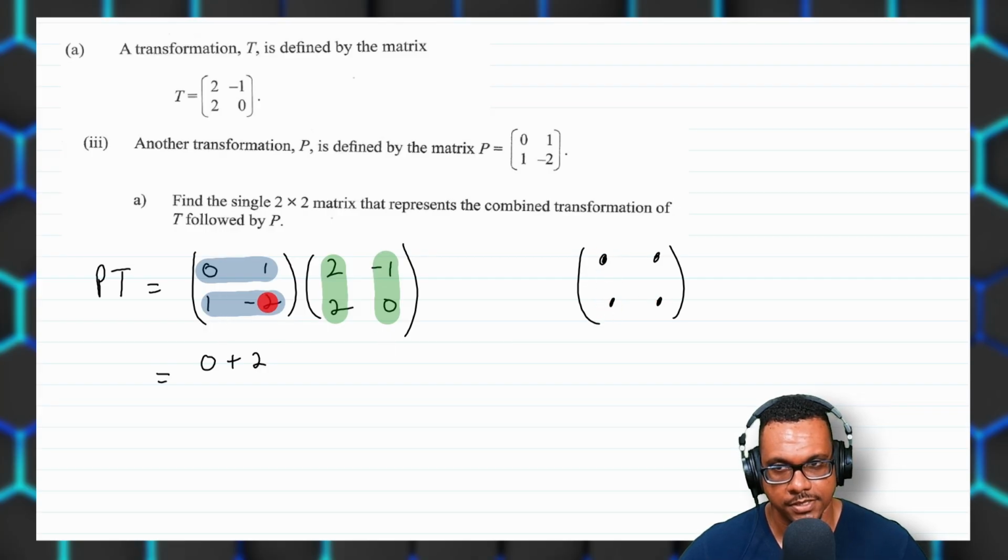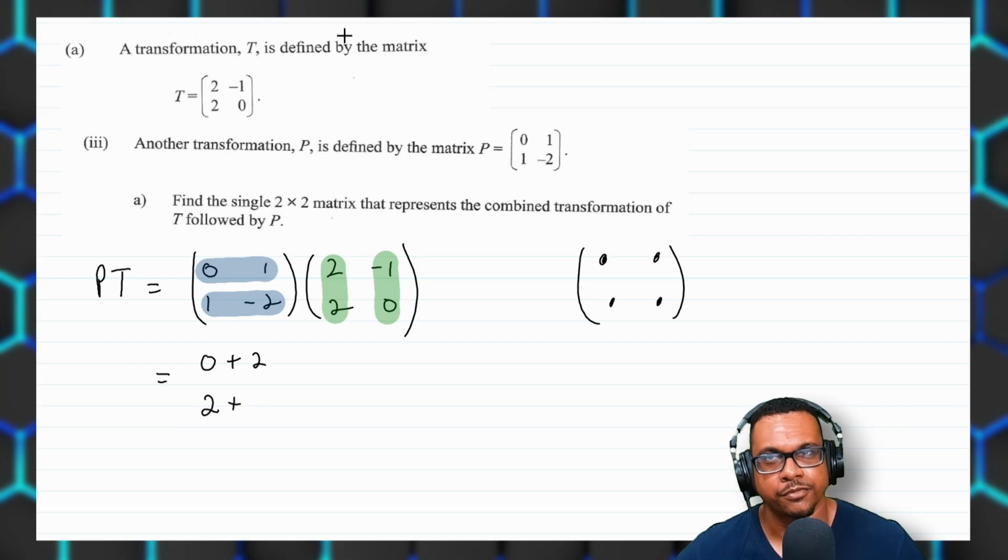So you multiply your second row by your first column. So 1 by 2 is 2, and then you're going to have -2 by 2, which is -4. So plus -4. I know it's going to be 2 take away 4, so I can write that one time. So let's take away 4.